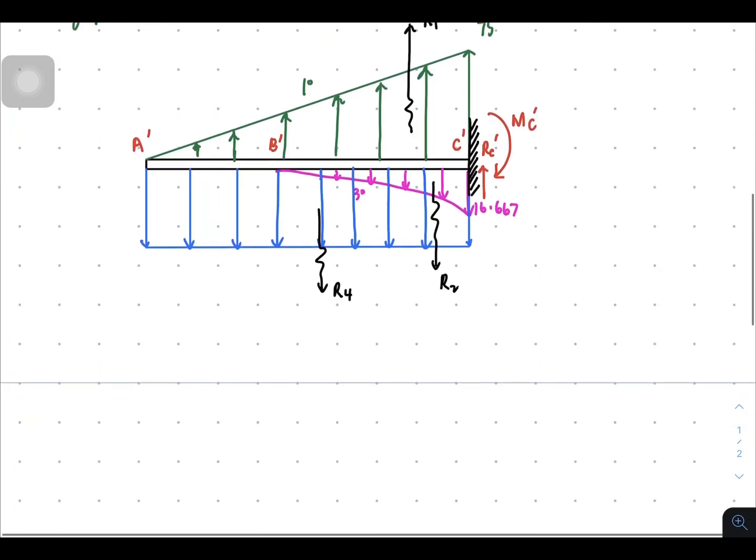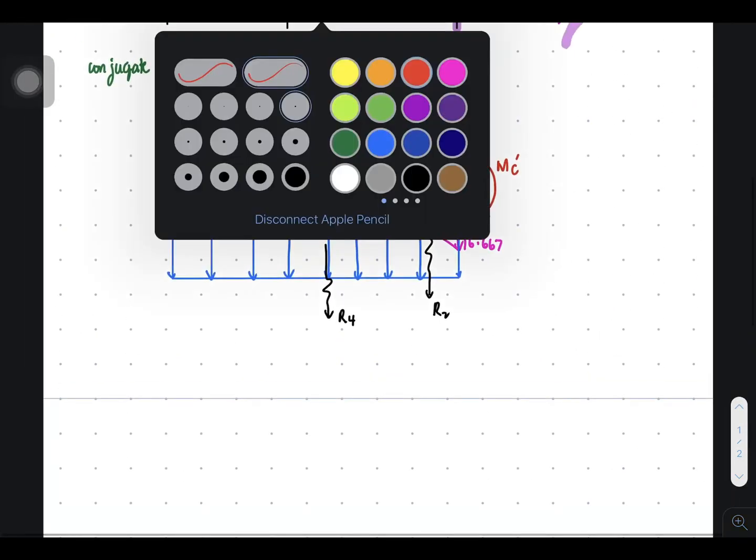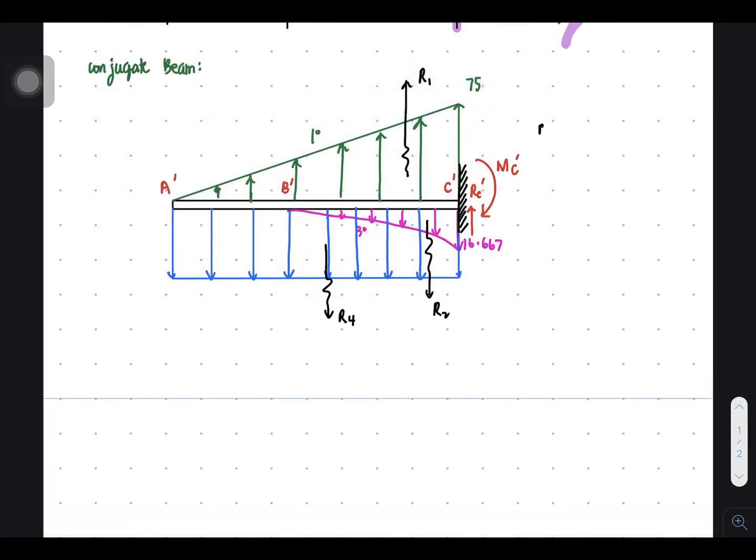So let's solve for the values of R1, R2, and R3. So R1, this is 1/2 of 75 times the total length is 3. So that's 0.5 of 75 and 3. So this is 112.5.